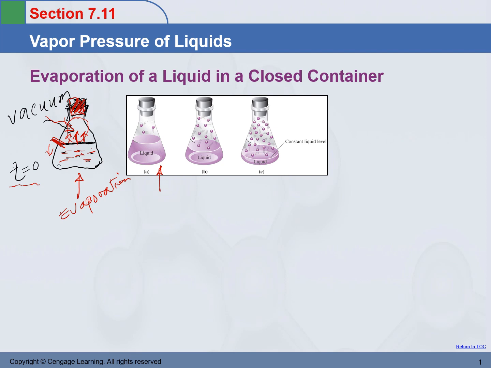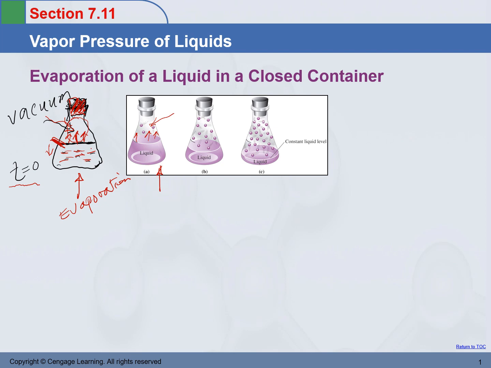In stage A, now there are a few particles in the space above the liquid. Now there are actually 2 processes going on inside the flask. Number 1, evaporation. Some molecules on the surface of water will keep evaporating.